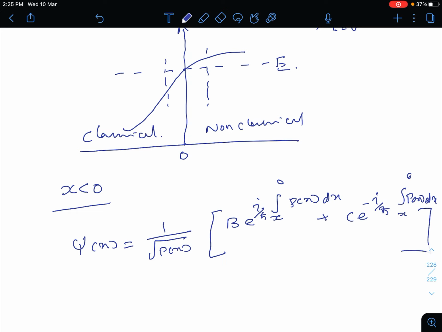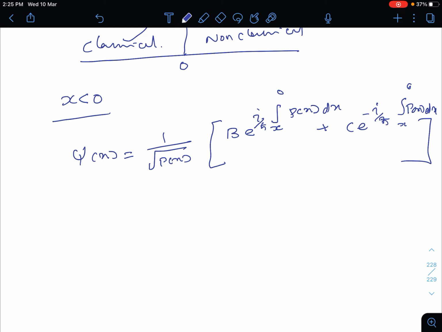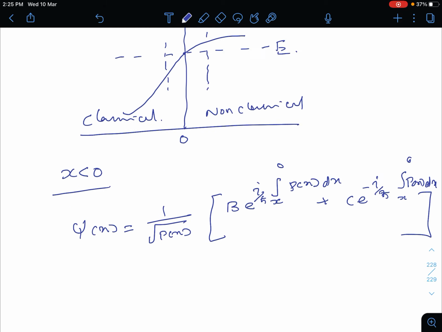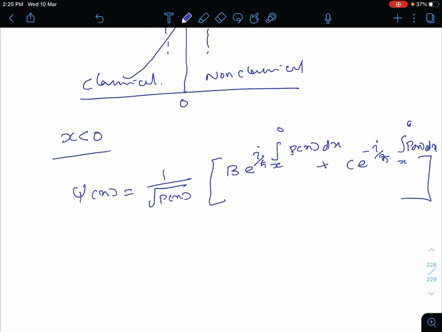Clear? Now this is the wave function in the classical region, because in the classical region the wave function is oscillatory.